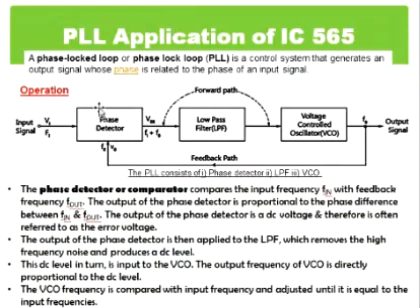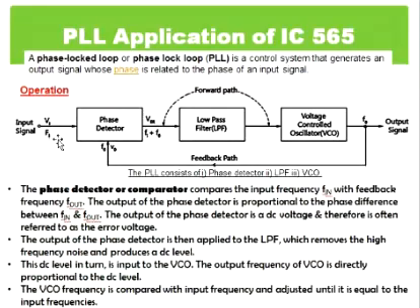The phase detector is also called a phase comparator, which compares the input signal with our output signal. The output signal is the signal coming out of the voltage controlled oscillator. This signal has a frequency Fo, and our input signal has a frequency Fi.